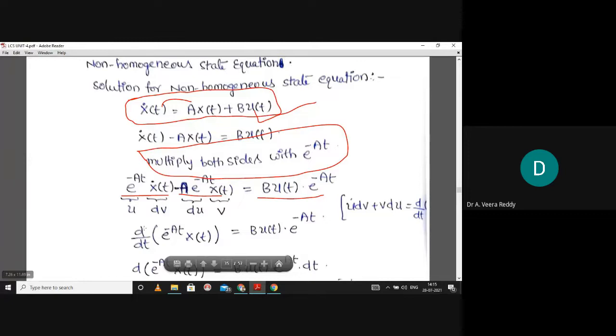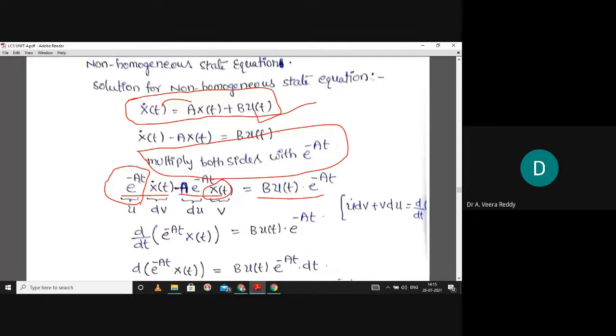Here, let this be u, and let x of t be v. So u dv, this x dot of t, that means u dv minus v du.